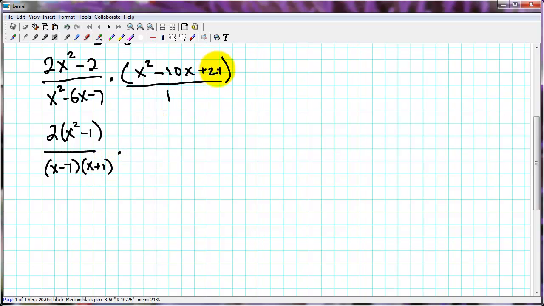Here we need a pair of numbers that multiply to be positive 21 and add to be 10, so that's going to be x minus 3 and x minus 7 all over 1. And again, here we have another difference of 2 squares, so we could factor that into x plus 1 and x minus 1.